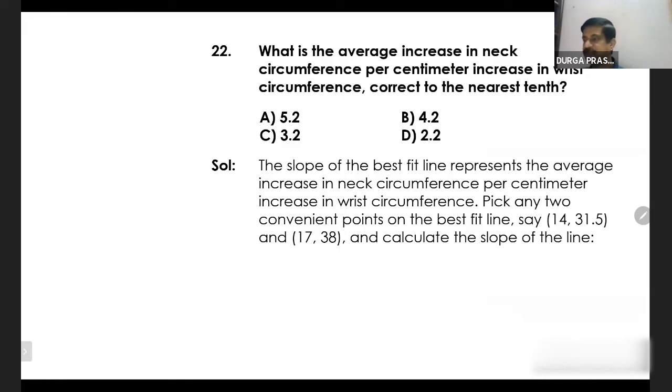Pick any two convenient points on the best fit line. So if you take 14 as the wrist point, you are getting the neck circumference as 31.5. If you take 17 as the wrist circumference, you are getting the neck circumference as 38.